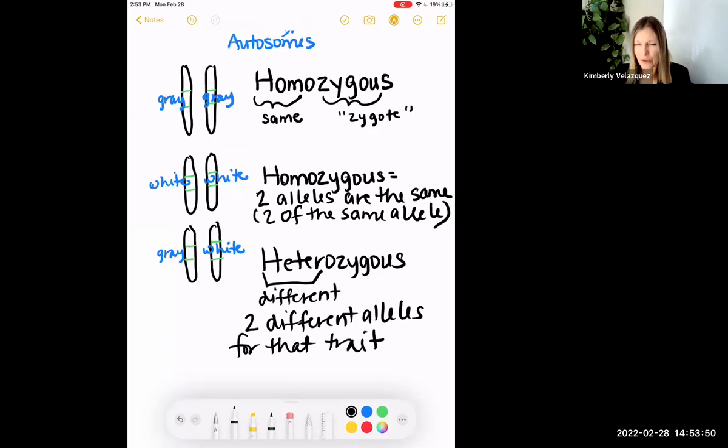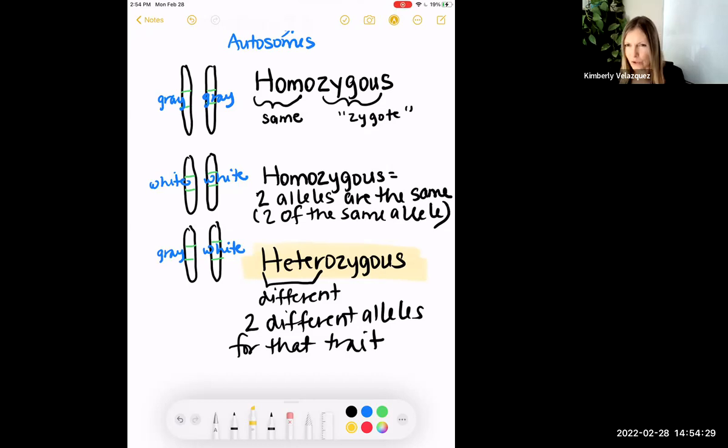And in order to understand that term, we need to take this story a little bit further. In all of these patterns of inheritance that we talk about, these heterozygous individuals are going to be incredibly important, because how that gene gets expressed in the heterozygous individual is going to tell you what pattern of inheritance you're looking at. If you get 2 different versions of that gene, how that gets expressed is going to be really significant in telling you what pattern of inheritance that trait follows.